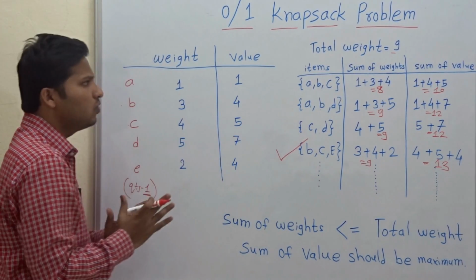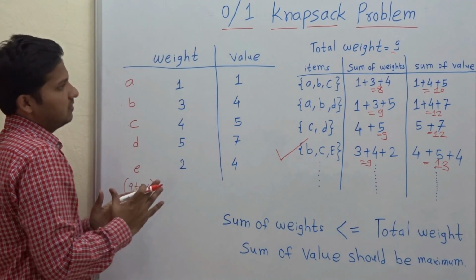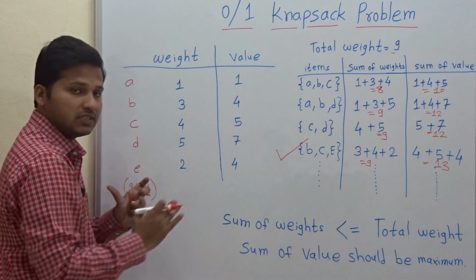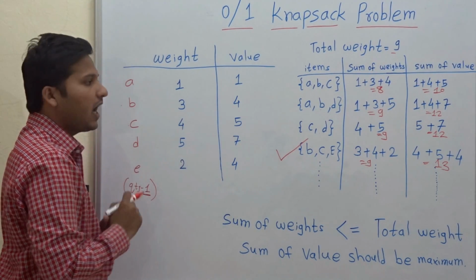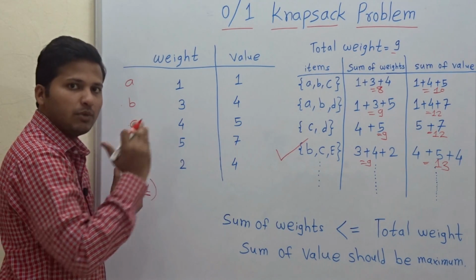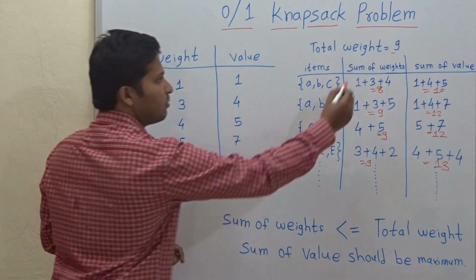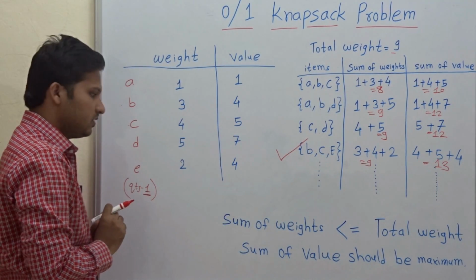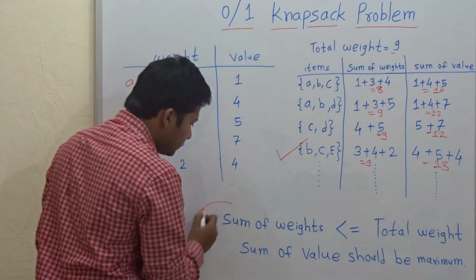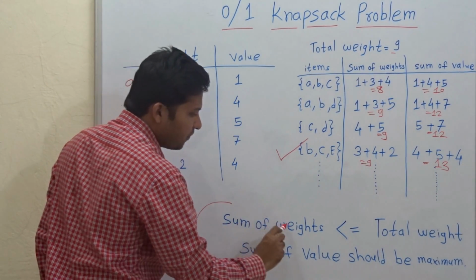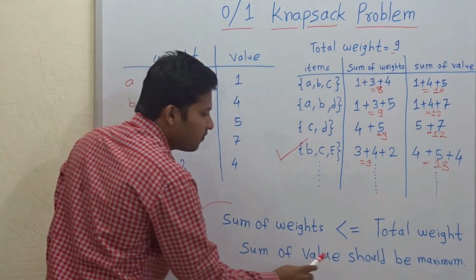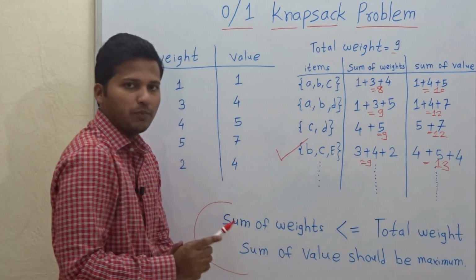So this is how we select the items and we calculate the sum of weights and sum of values, and we go for maximum value, and the sum of weights should be less than the total weight, which is written here. This is the knapsack problem. Sum of weights should be less than or equal to total weight, and sum of value should be maximum.